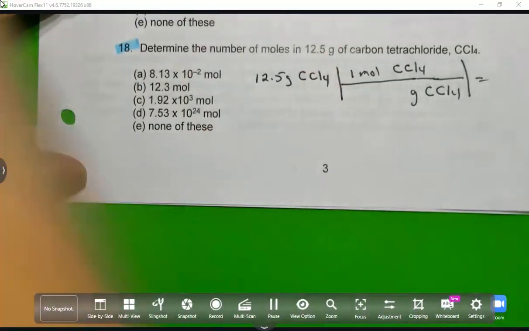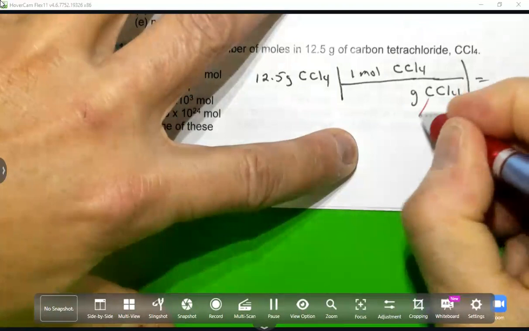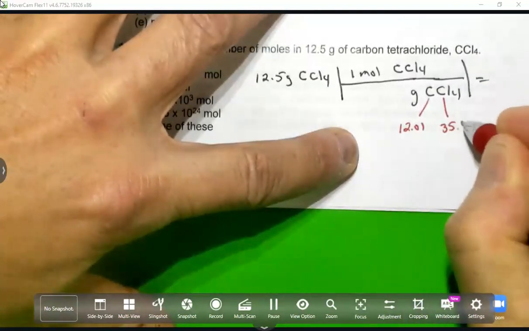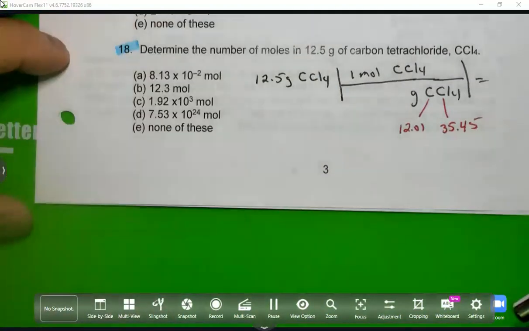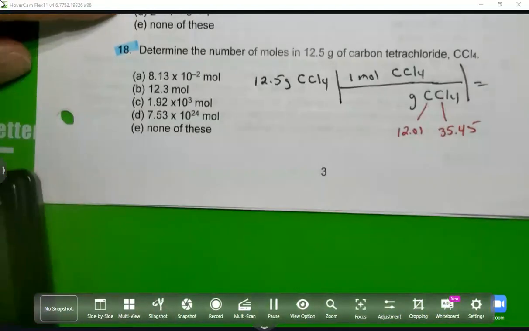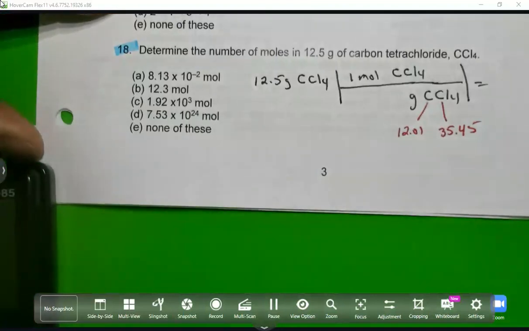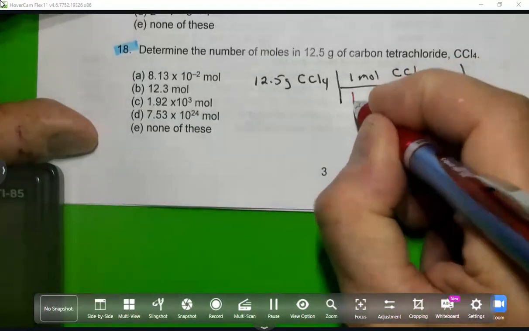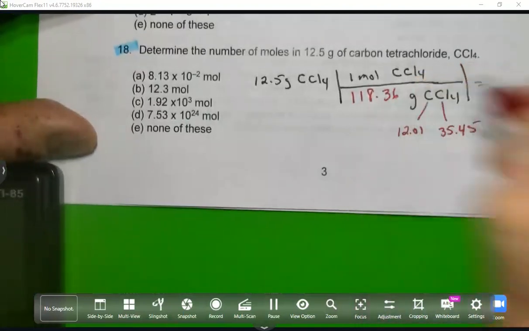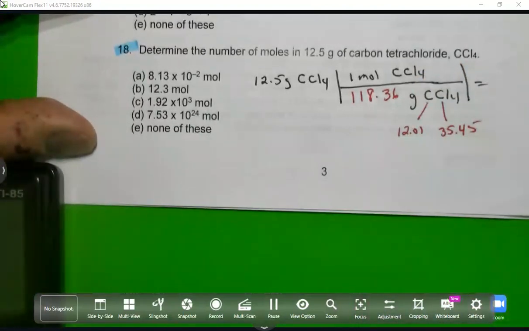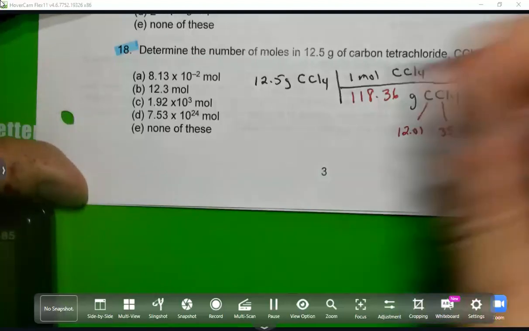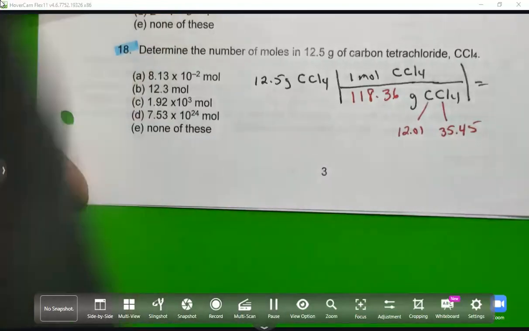And we know that carbon is 12.01, chlorine is 35.45. So if we add those babies up, I think we get 118.36. And let's see, 12.5 grams. Grams are going to cancel out. We should be in good shape there, huh?